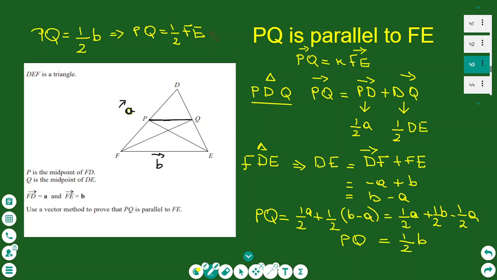And this equation now is true, which means the PQ is parallel to the FE. And I already showed you the rule: if they are parallel, I need to express them as an equation and multiples of each other. And then I found the PQ is a half of FE, because the FE is B, exactly the B given in the exercise.